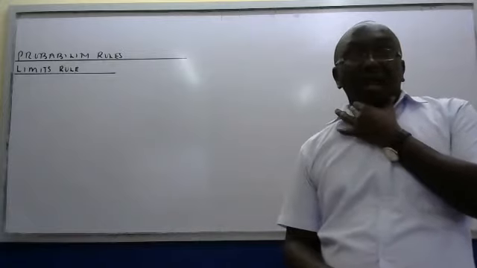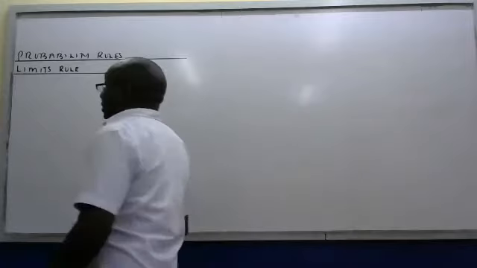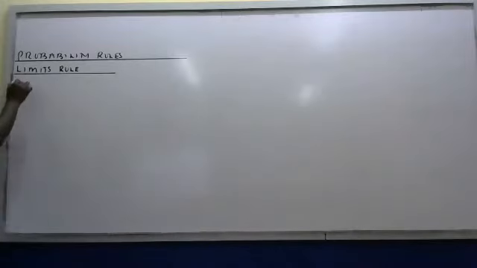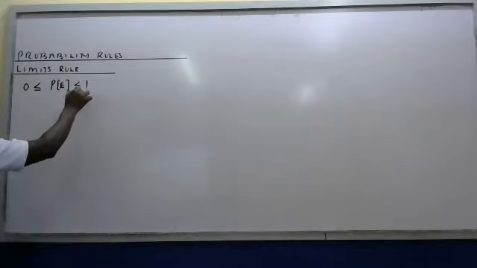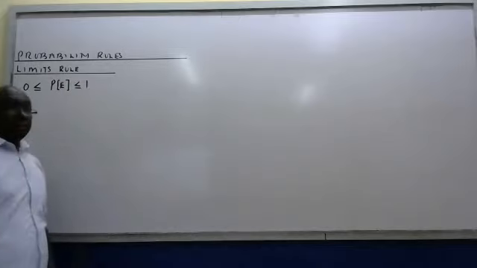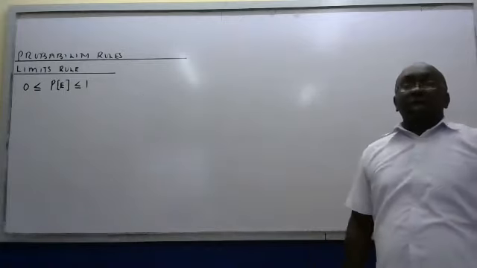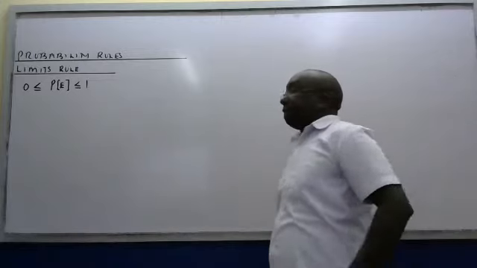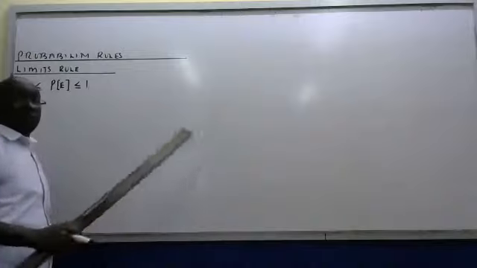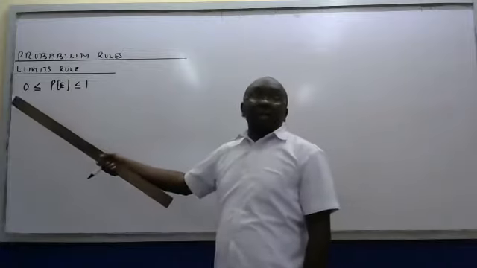That is, the probability of any event is like that. That's limits rule. So that tells you if you compute any probability and you get a value greater than 1 or less than 0, you are wrong.